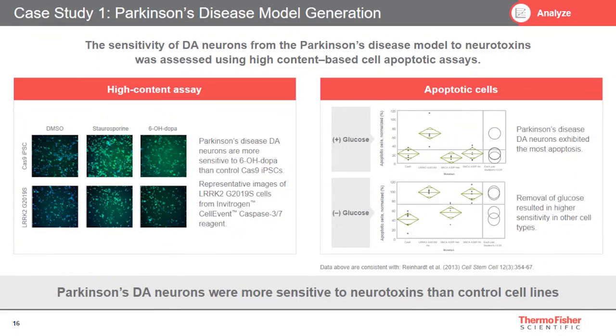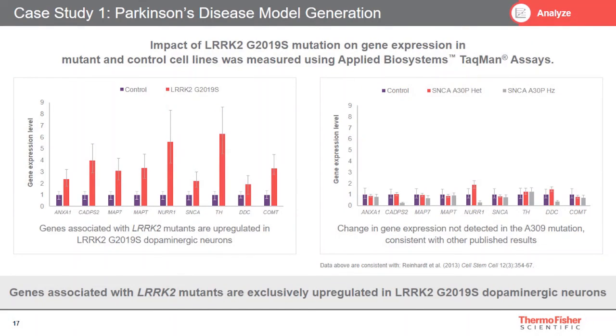Now, finally, it's well known that the LRRK2 G2019S mutation can have an impact on gene expression of a number of genes in dopaminergic neurons. So we looked at some of these genes using the TaqMan gene expression assays. We saw that by introducing this particular mutation, an increase in the expression of LRRK2 regulated genes was observed in the mutant line compared to the parental line, and this is easily visible in the bar graph on the left.